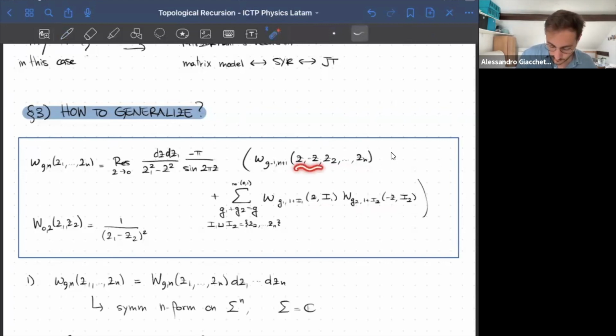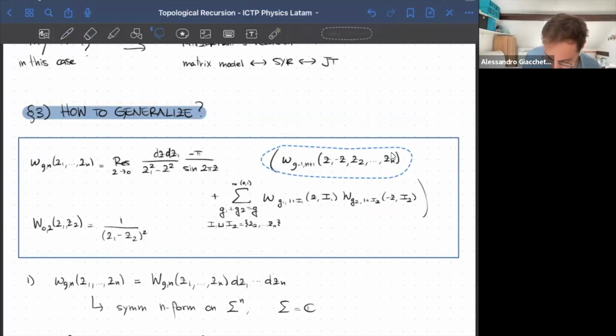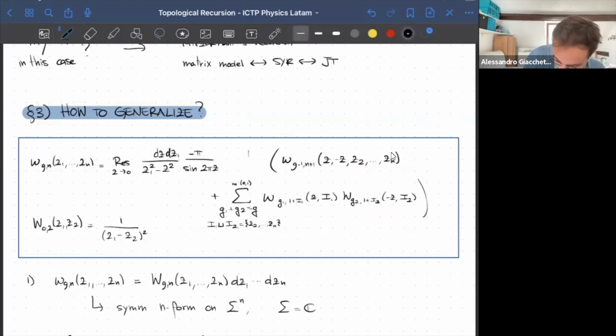But here I will also have a dz and a d of minus z, right? So I put it there, so I have to remove it. So it's actually on both of these. So let me put it here. So we'll have a 1 over dz and d of minus z.